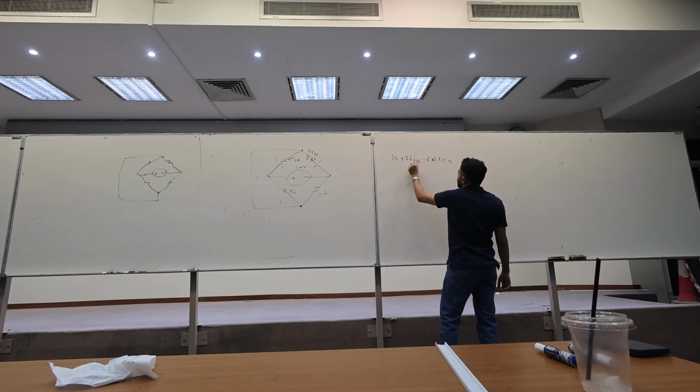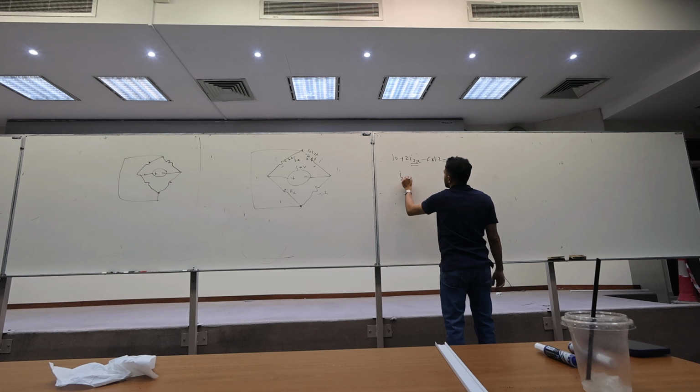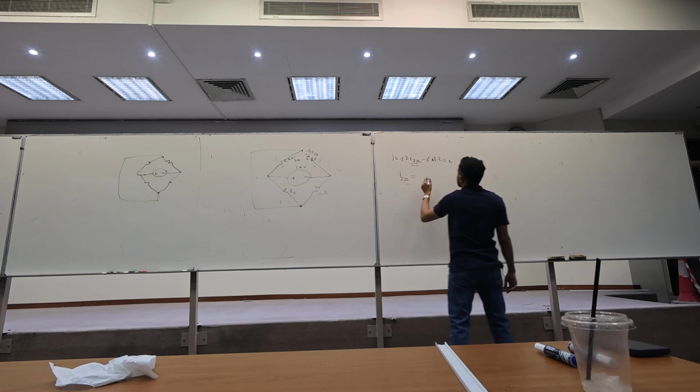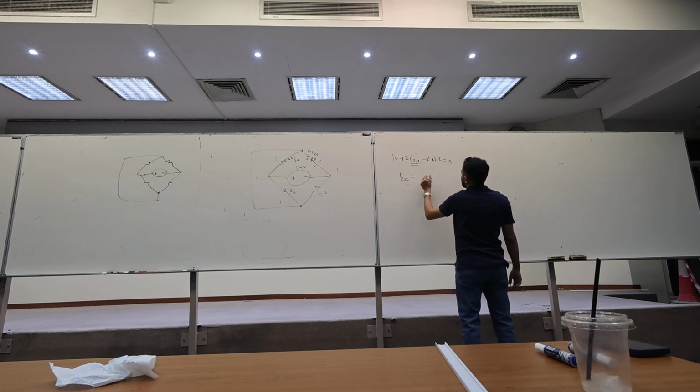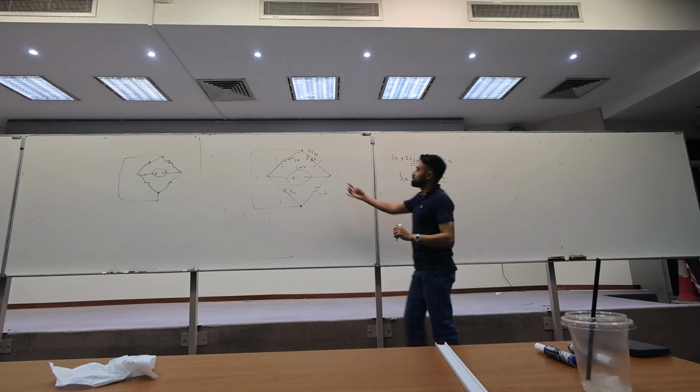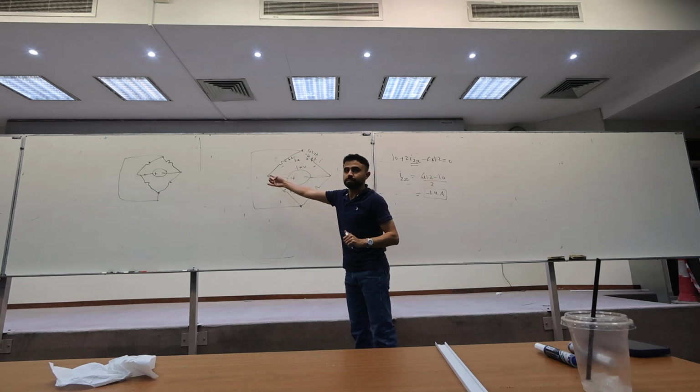Can I solve for I2 ohm? Yes. What is the answer? It's 6 times 1.2 minus 10, divided by 2. What's I2 ohm? Minus 1.4 amps, because it is in the opposite direction. So I solved for this current.